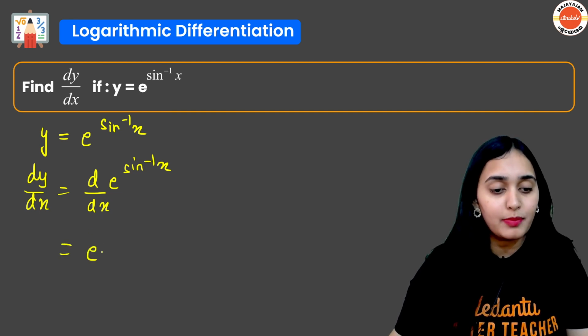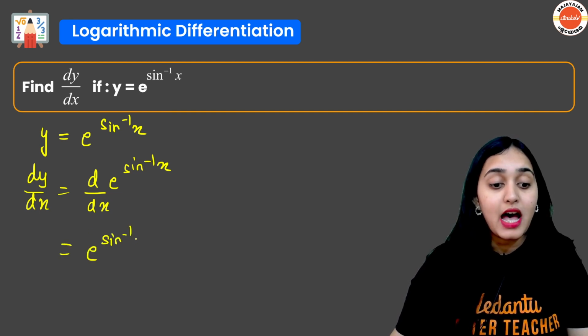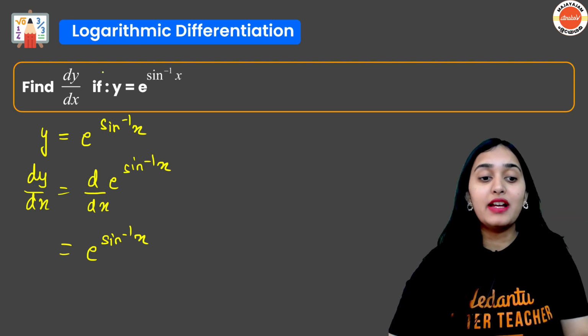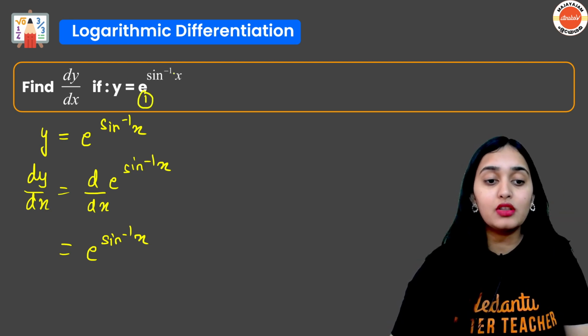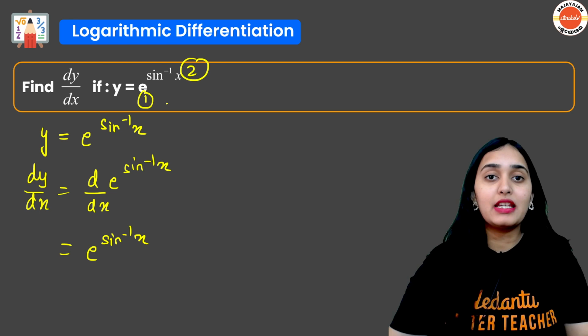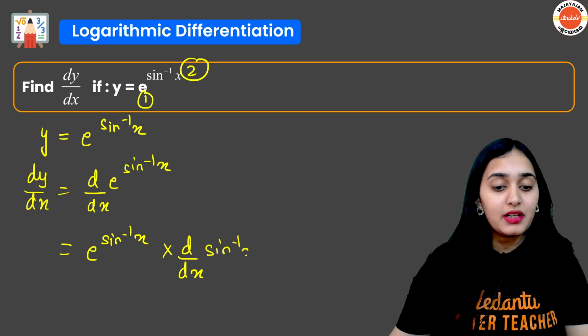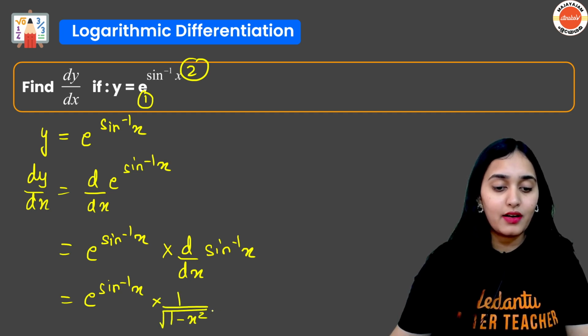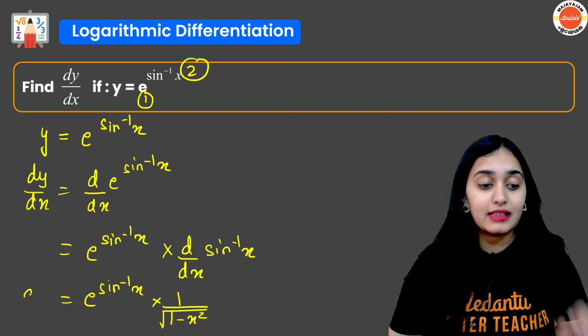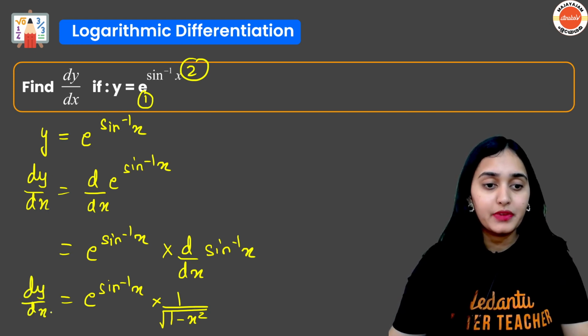It is e to the power x, okay? After this, the chain rule: once you have differentiated e to the power x, then you differentiate the next function, that is sine inverse x. So, d by dx of sine inverse x. So, you get e to the power sine inverse x into 1 upon square root of 1 minus x square. So, this is your final answer for dy by dx.